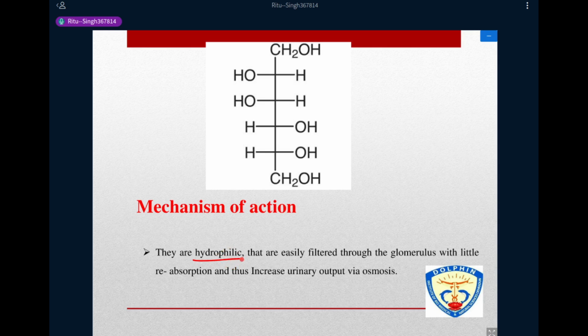Hydrophilic means water-loving drugs. So these are hydrophilic in nature, easily filtered through glomerular filtration with little reabsorption and thus increase urinary output via osmosis. In this process, the osmotic pressure is also involved. So these drugs are easily filtered through the glomerular filtration. Okay.